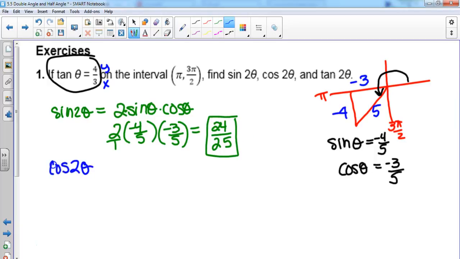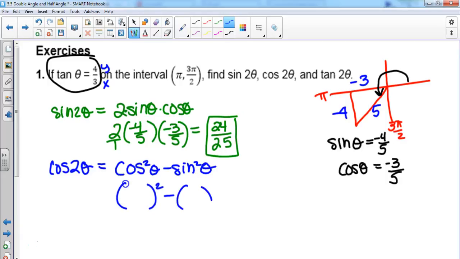Cosine of 2 theta. Who would like to make the magical decision? They all three give us the same answer, but there are 3 choices we can use. Cosine squared minus sine squared. That's the one I usually use. All right, we're going to put in the value of the cosine and the value of the sine. What are those numbers?